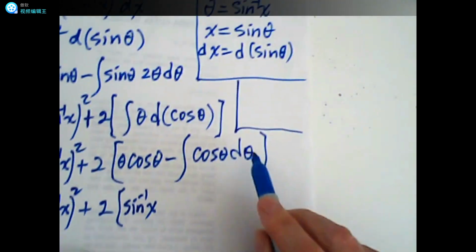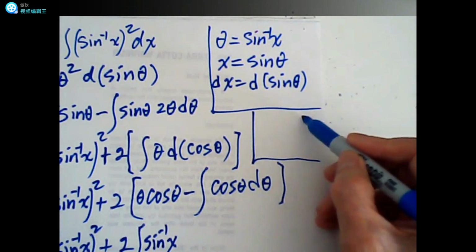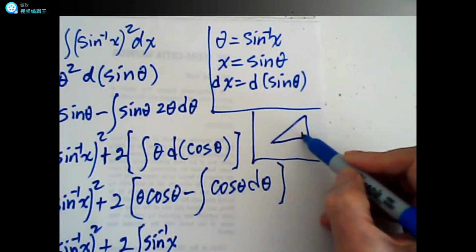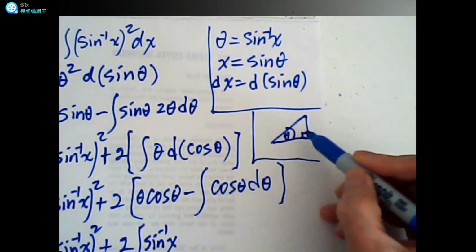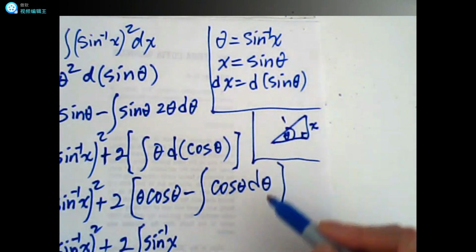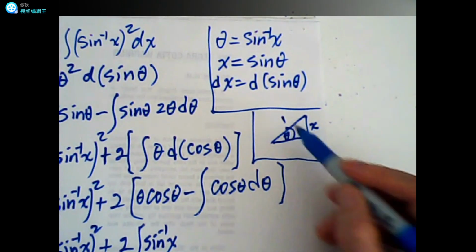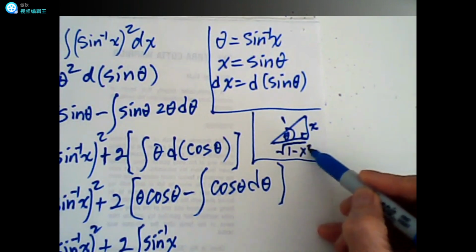Now let me use the triangle here. X equals sine theta. So this is theta, this is x, this is 1, so sine theta is x. The adjacent side will be the square root of 1 minus x squared.